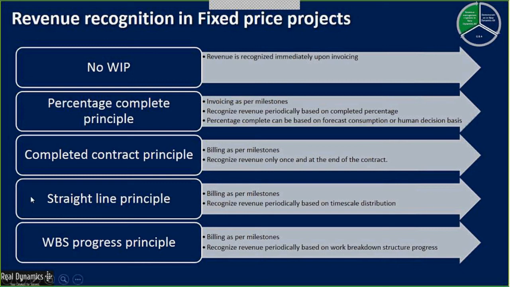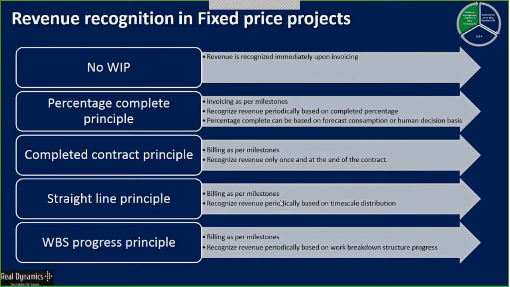Now, other options for how revenue recognition can be done. One of them is the straight line principle, and this is getting more popular day by day. It recognizes revenue on a time scale and distributes it in a scaled fashion based on the number of days in the period.